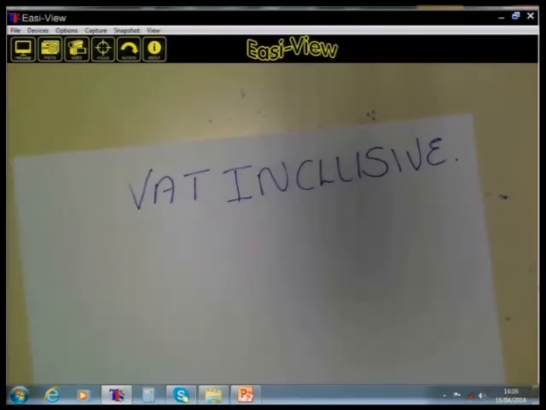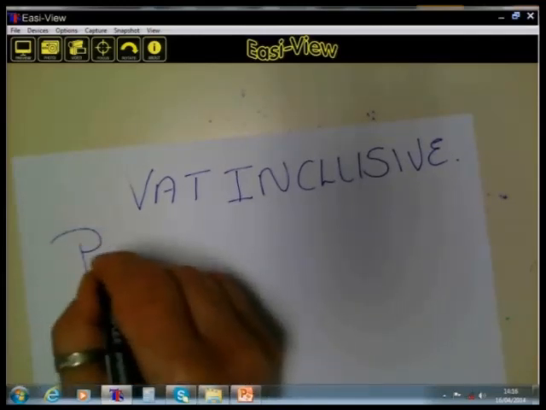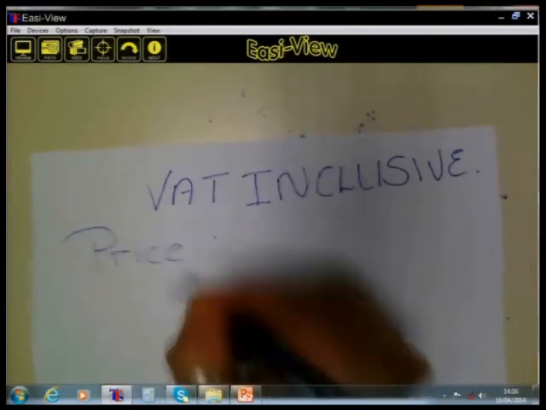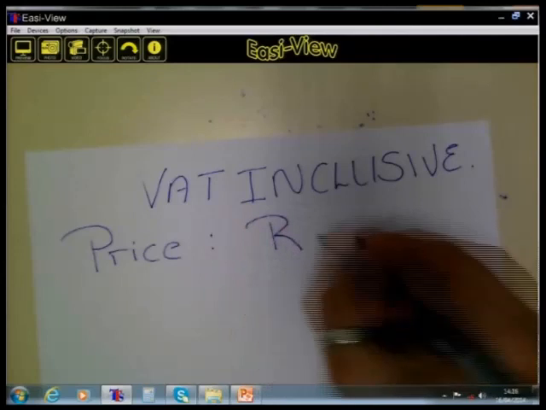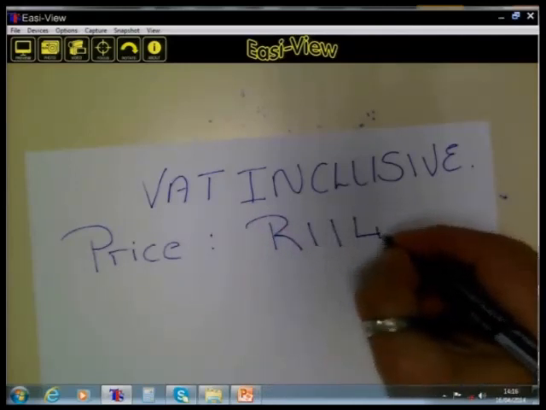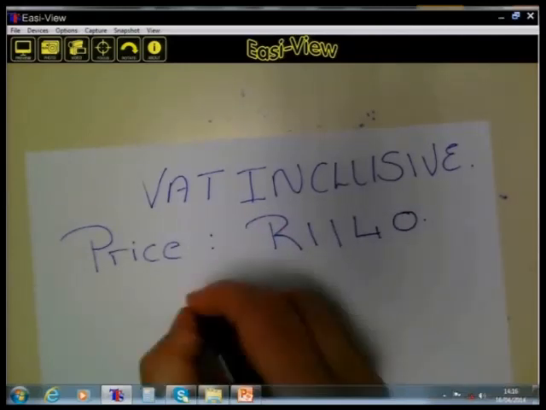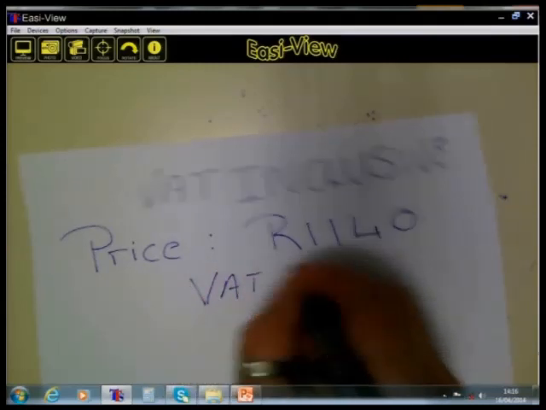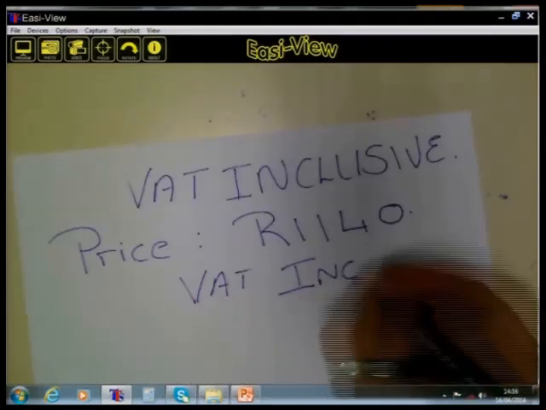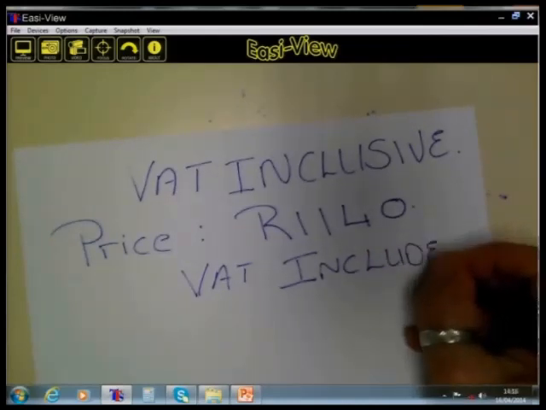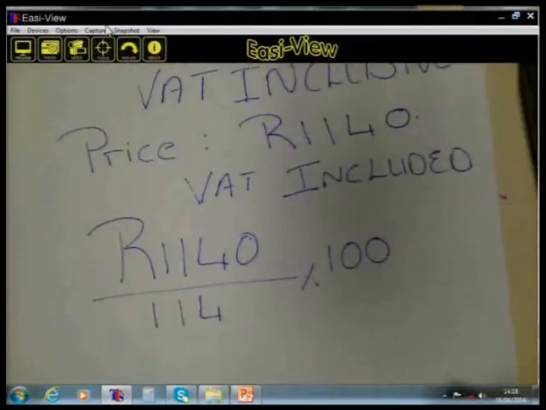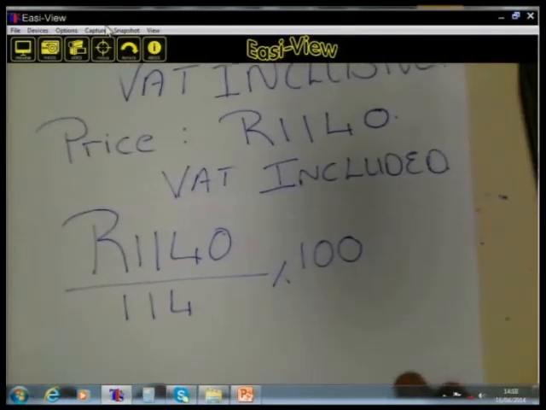Let's say, for instance, you come to the store and you want to buy something and you read on the price tag that the price of that item is 1,140 rand. That is already included. Now somebody asks you, what did this item cost then without VAT? Okay, I'm going to do now the reverse of what I did the previous time.